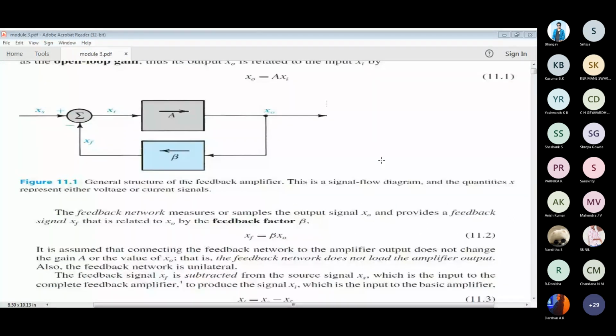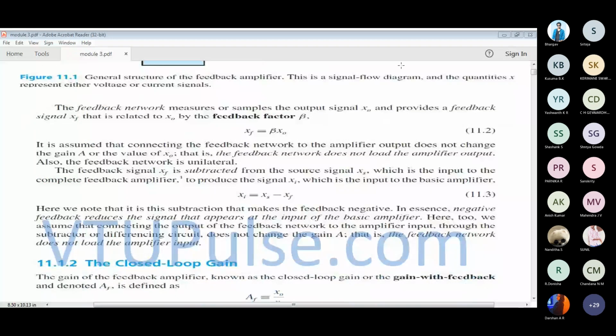The feedback network measures or samples the output signal X naught and provides a feedback signal XF. So it's going to measure X naught, and that XF will be fed back once again to the input, related to X naught by the feedback factor beta naught.